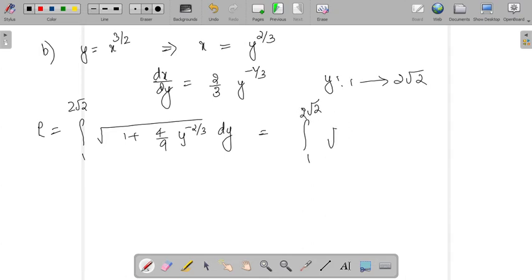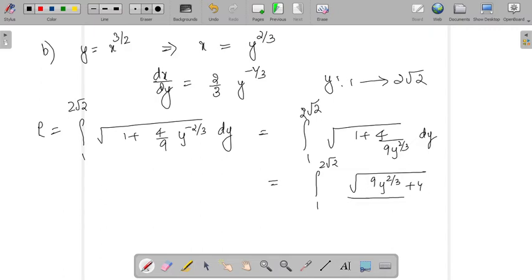So that is 1 plus 4 by 9 y raised to minus 2 by 3 dy. So you get integral 1 to 2 root 2 of root of 9 y raised to 2 by 3 plus 4, over 3 y raised to 1 by 3, dy.